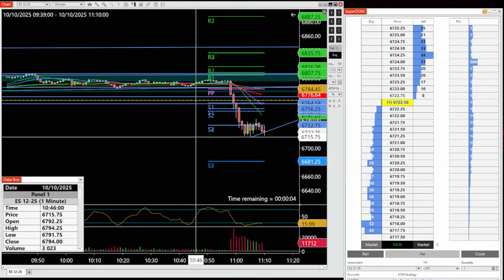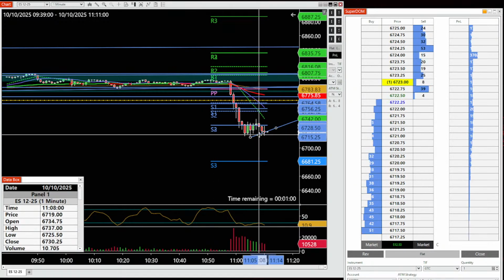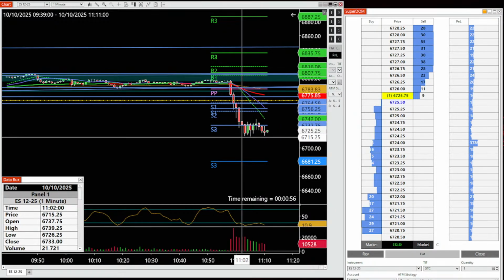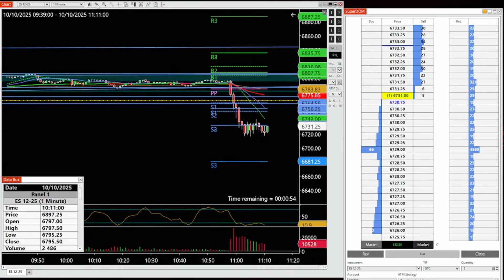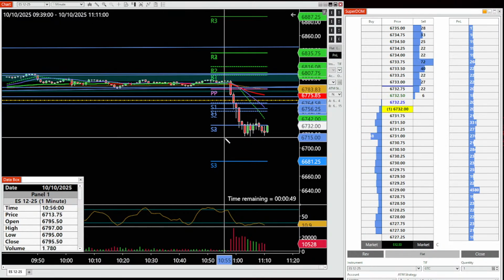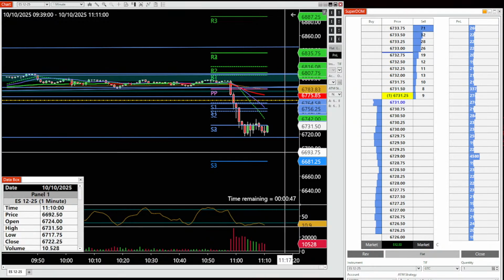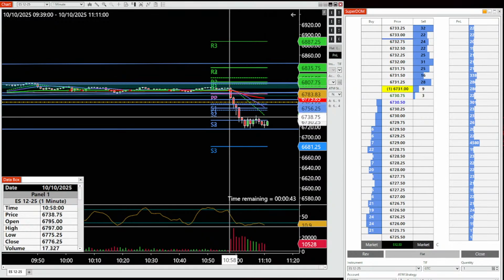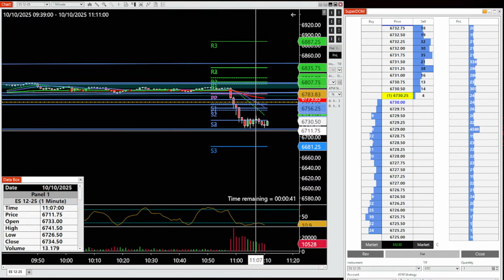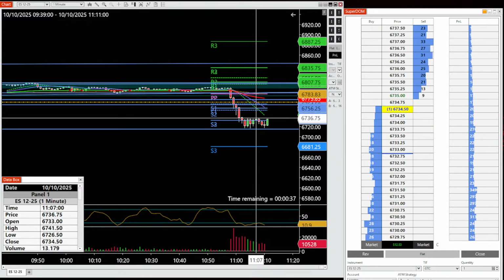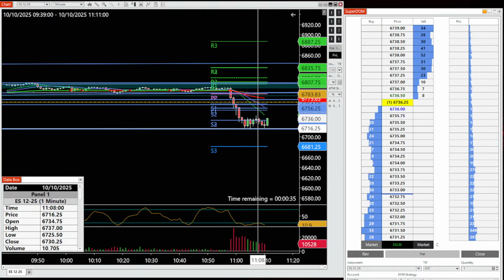Do we get a double bottom here? 20 to 40, 20 points.